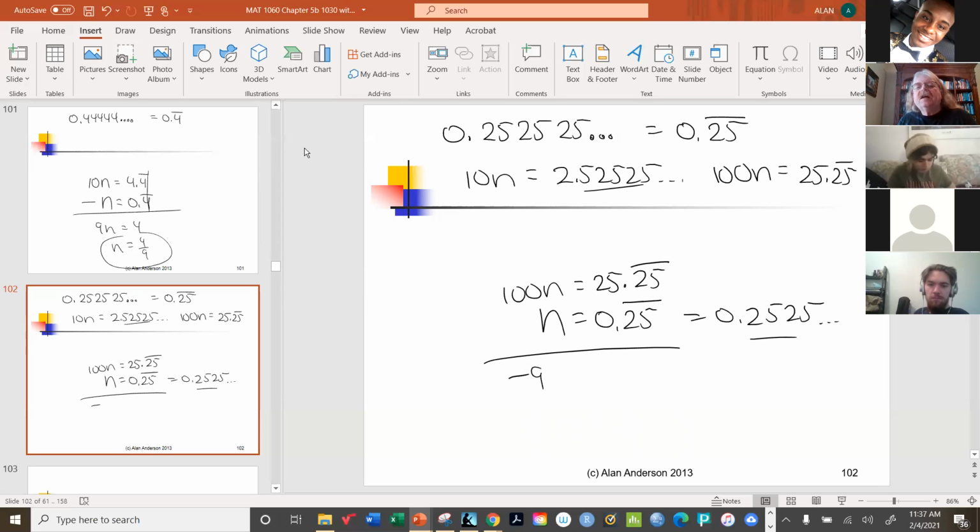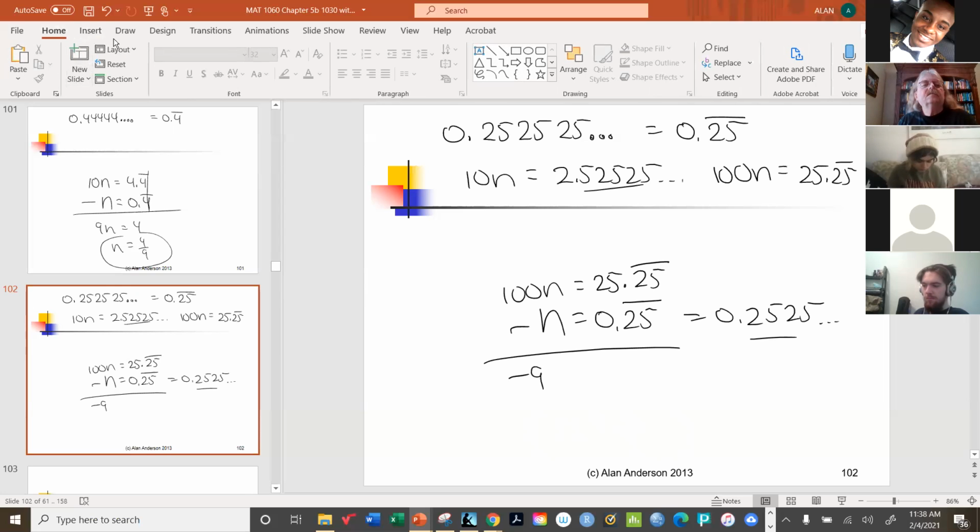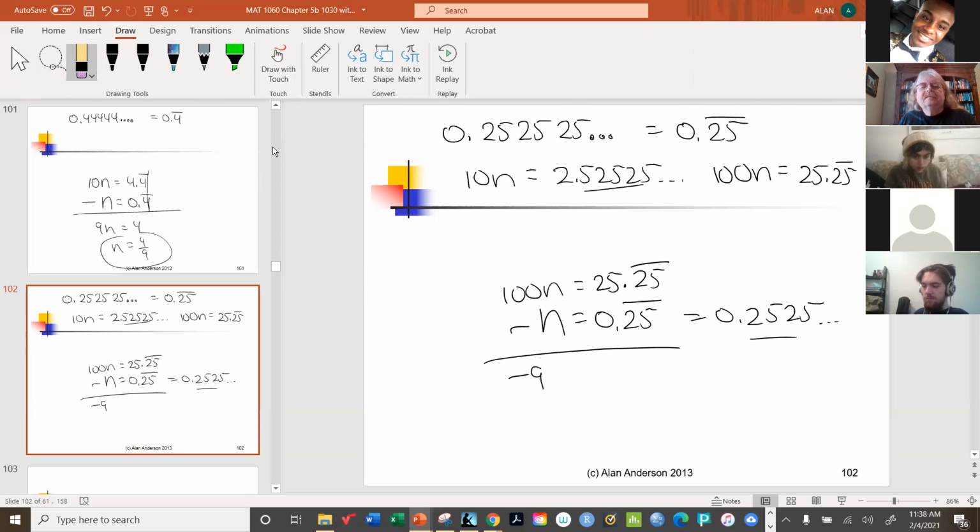So now I'm going to have 99n. These do drop out now, equals 25. So n is 25 over 99.